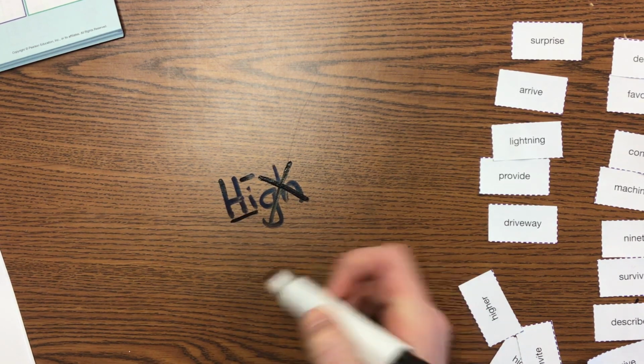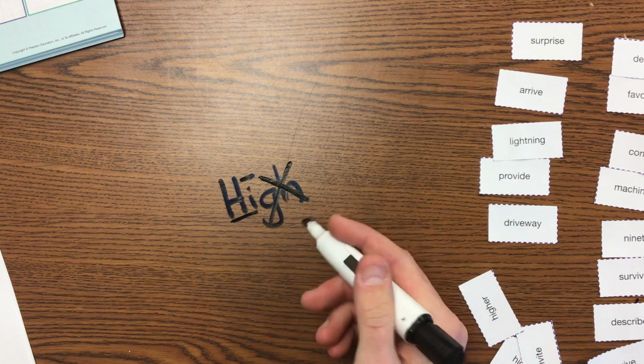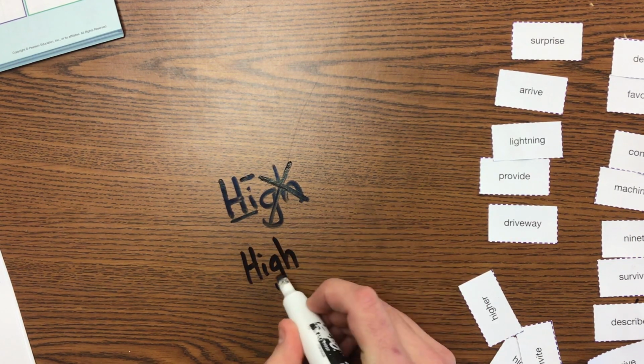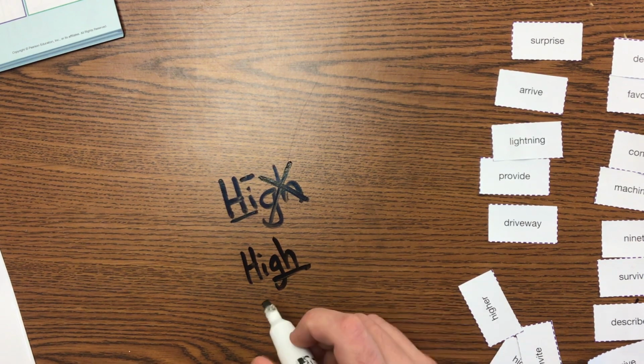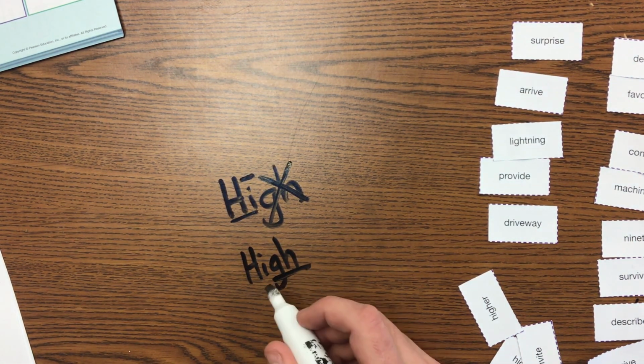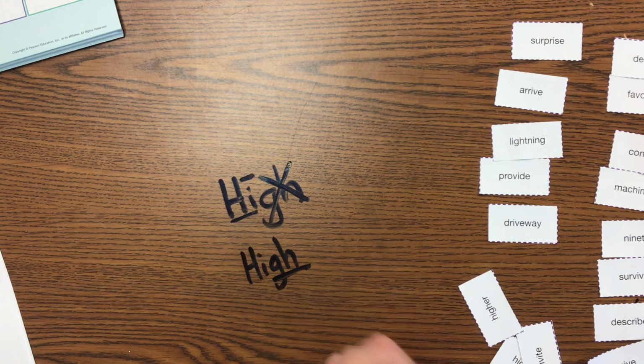So we actually pronounce it hi, which makes perfect sense if you really think about it. The reason we wouldn't want to pronounce the GH is that it would be hi-j-huh, which of course doesn't make any sense.